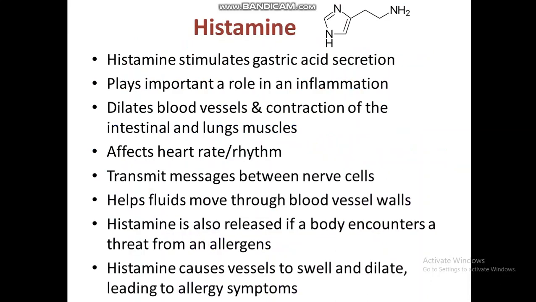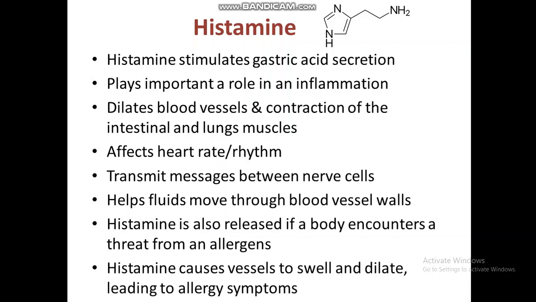So let's start with what is histamine? Histamine stimulates gastric acid secretion. It plays an important role in inflammation. It dilates blood vessels and causes contraction of the intestinal and lung muscles. It affects heart rate rhythm, transmits messages between nerve cells, and helps fluid move through blood vessel walls.